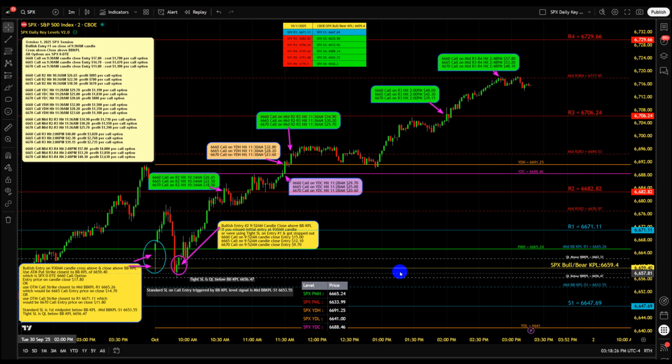Keep in mind there is no obligation to take this particular trade. It's just that usually at the beginning few moments of the session, your trade entries are 90-95% of the time going to be based on the bull bear key price level, like it was today.